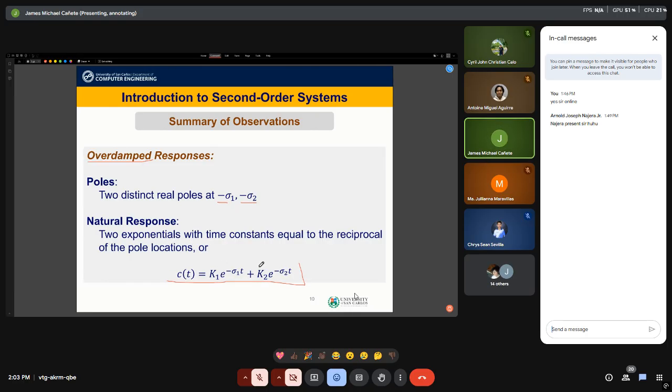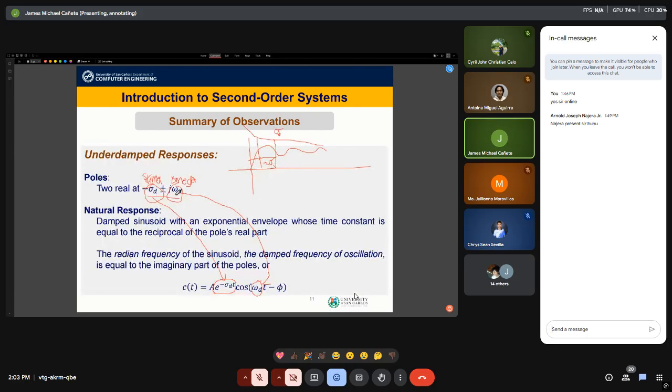Next is for an underdamped response. It will be two values again of S, but each value will have a conjugate pair. So the real component, sigma sub d, plus minus, or a positive and a negative term of omega sub d.